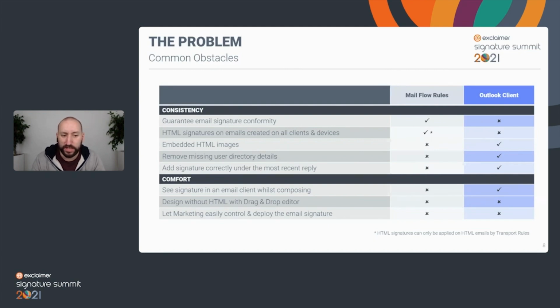And some that I'd really like to draw your attention to here concern the fact that we're not able to hand over control to other parts of the business like marketing in an easy fashion in really either case, nor are we really going to reach the level of conformity and consistency that we might well expect to, covering all emails. Neither method is going to result in true consistency everywhere.